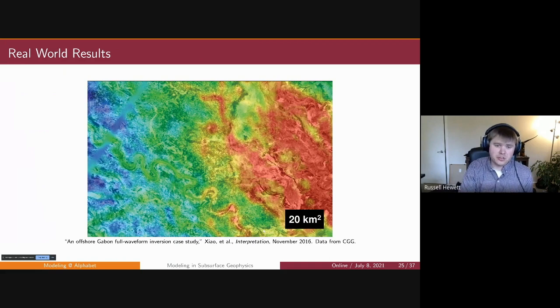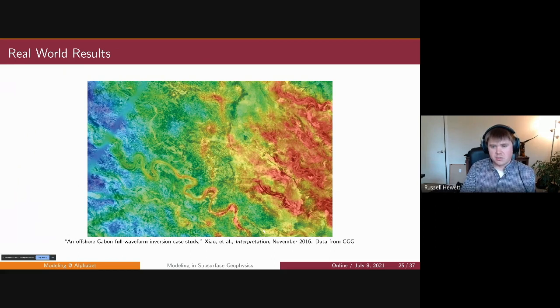This is a plan view, so you're looking at a single depth slice. The background variation is actually a seismic image based on one of these models, overlaid behind it to help establish some visual structure. After full waveform inversion, this is the model that they come up with. You can see some areas go slower to faster, some go faster to slower.